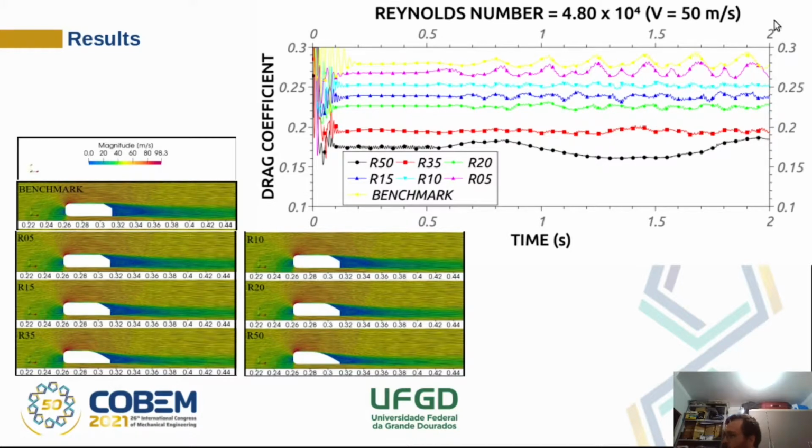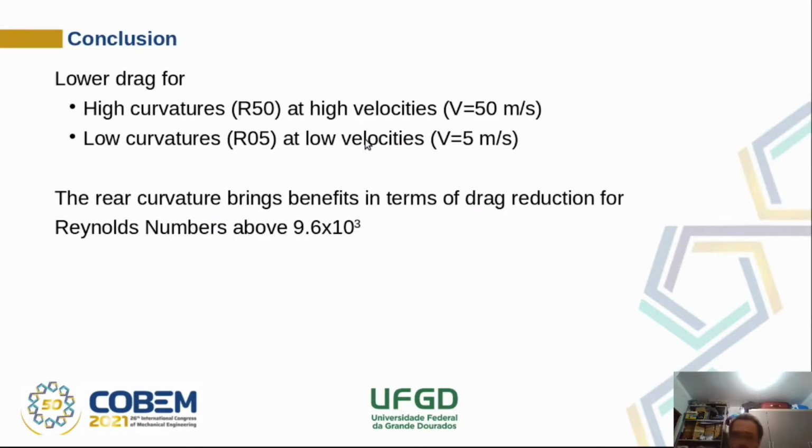So here we can observe a lower drag coefficient. For this study we have observed, using our simplified numerical model, that we have lower drag coefficients for higher curvatures at higher velocities, and we have lower drag coefficients for the low curvatures at low velocities.